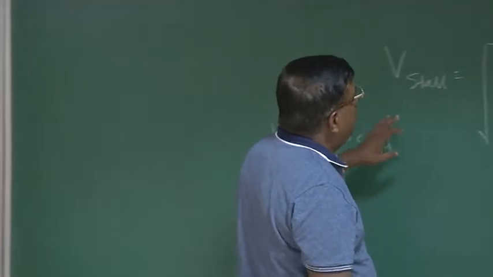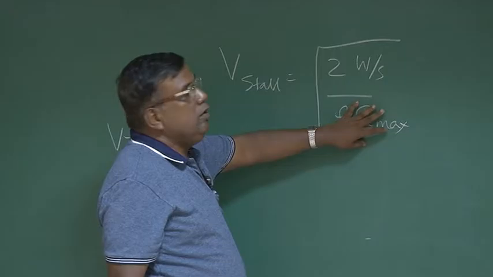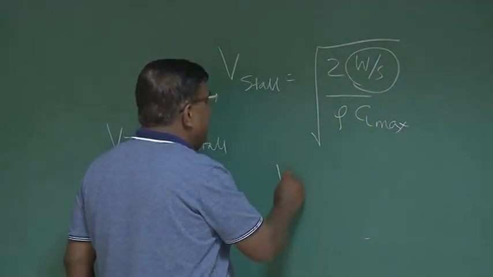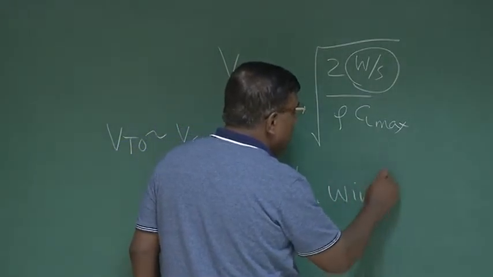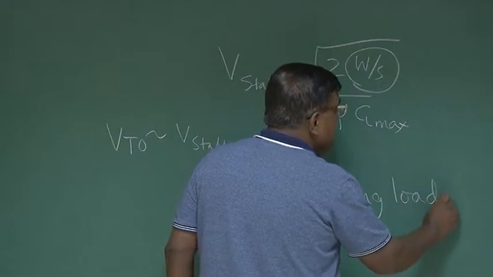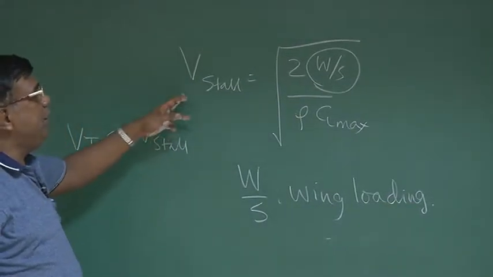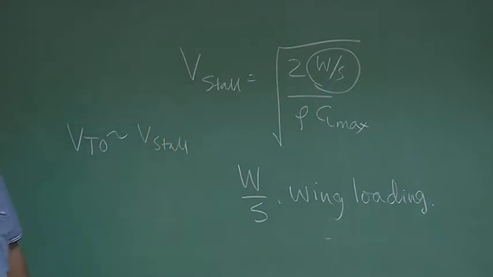So who plays a vital role for a given altitude and given aerofoil? It is the W by S, and W by S is called wing loading. You could see from here, if W by S is large, Vstall also will become large.